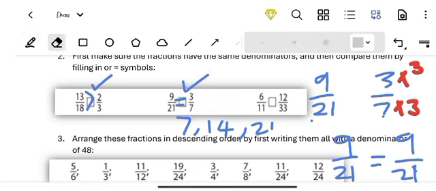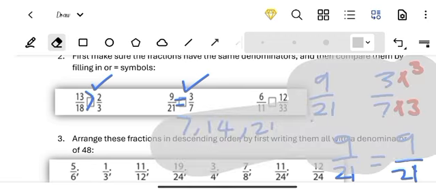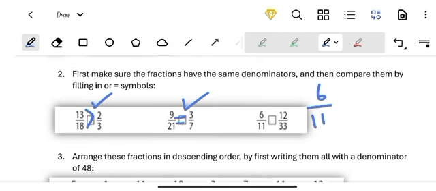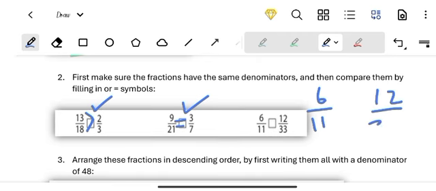Jumping to the next, we have 6 over 11 and 12 over 33. What are we going to do? We check what happened to 11 so that we can get 33. If we multiply 11 by 3, we get 33.